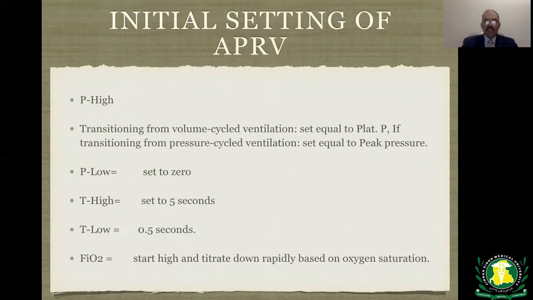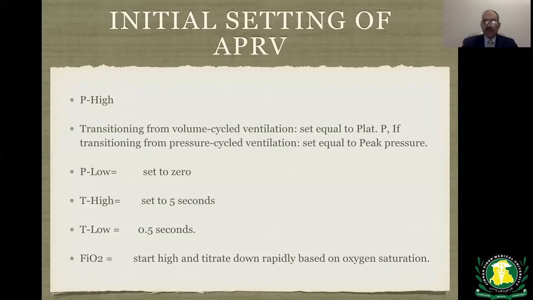So, initial settings of APRV. How to choose high pressure? Well, if you're transitioning from volume cycle ventilation, then set the P high equal to plateau pressure. If you are transitioning the patient from pressure cycle ventilation, then set your P high equal to peak pressure.